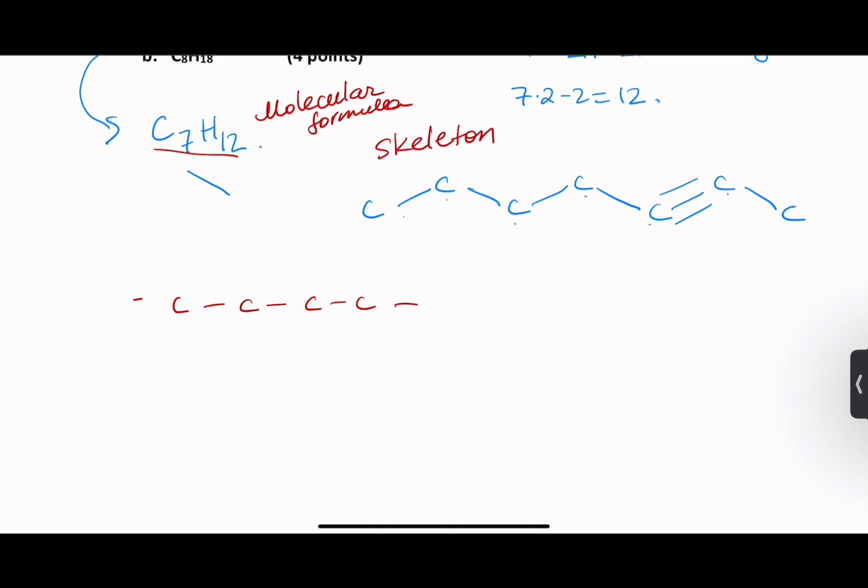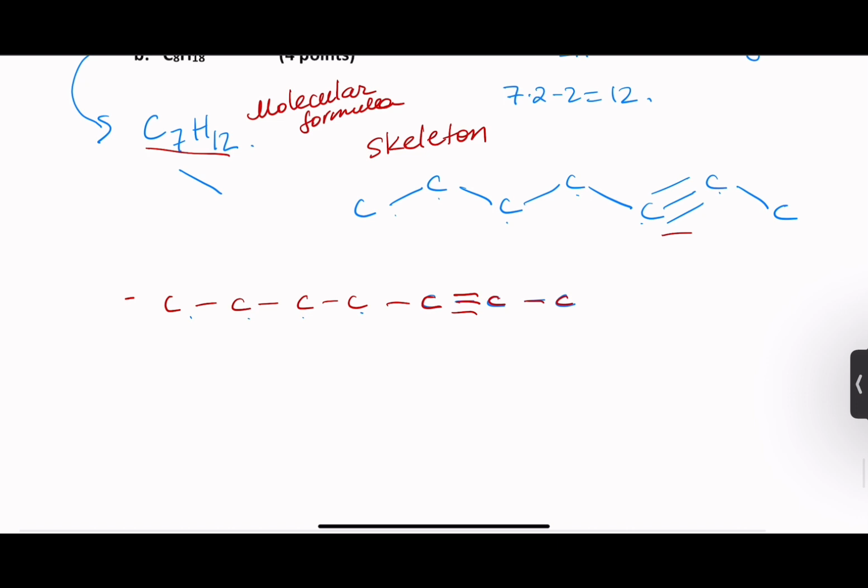So now I'm gonna make the expanded form. 1, 2, 3, 4, 5, 6, and 7. Doesn't matter, they are all equivalent in here. And then I put my triple bond here. I just chose this triple bond. You can put it here, it doesn't matter.